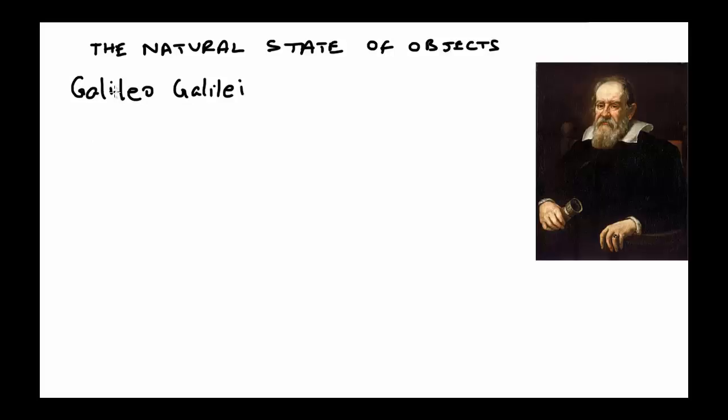Galileo is regarded as the first true scientist by many people because he based his conclusions on observations and experiments, which tested his hypotheses. So Galileo thought about the same things Aristotle was thinking about, but just a little more deeply.